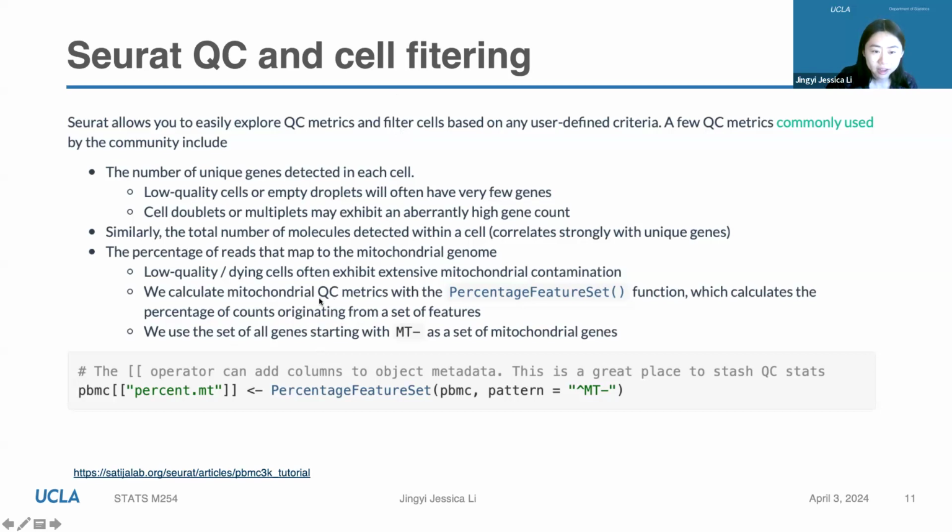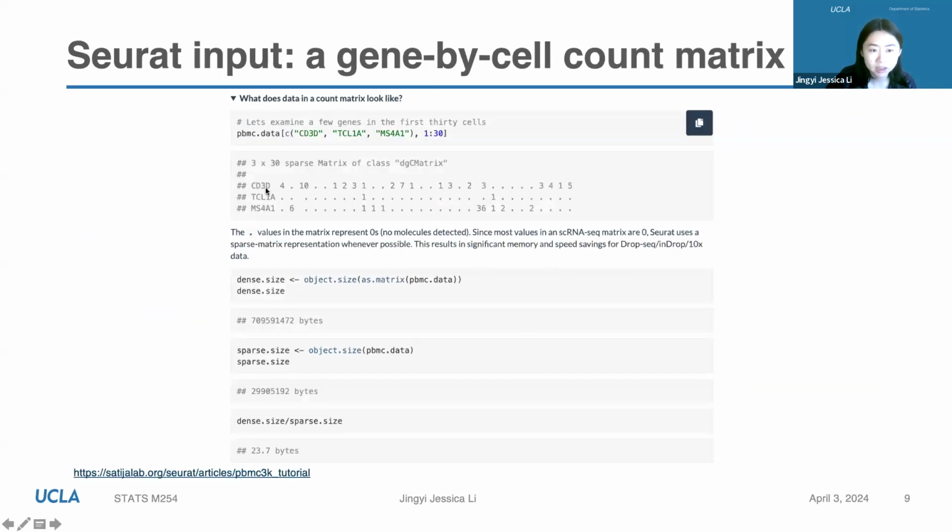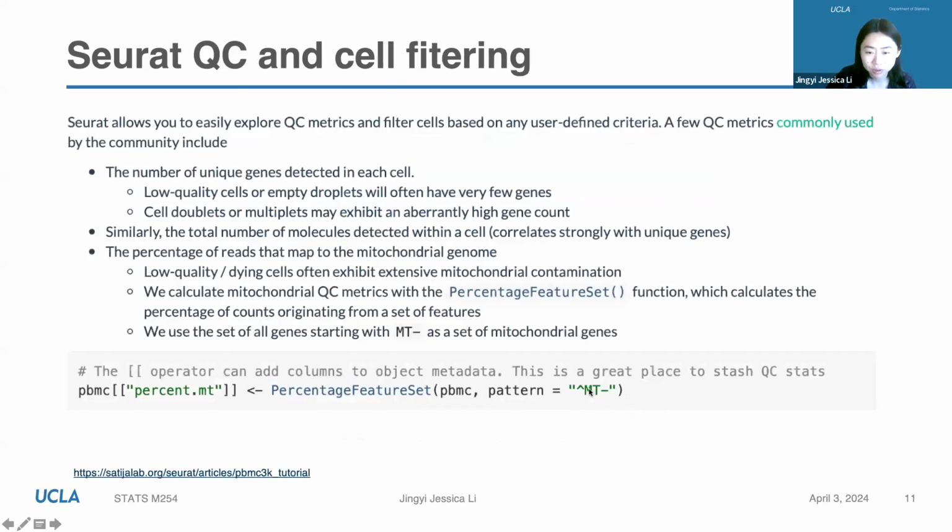So we calculate the mitochondrial quality control. Seurat has a function that looks for the gene names. As you can see, every gene has a name, like CD3D, TCL something. The mitochondria genes in the reference genome are annotated to start with MT. So Seurat looks at the rows corresponding to mitochondria genes and, for each cell, adds up the counts mapped to them.